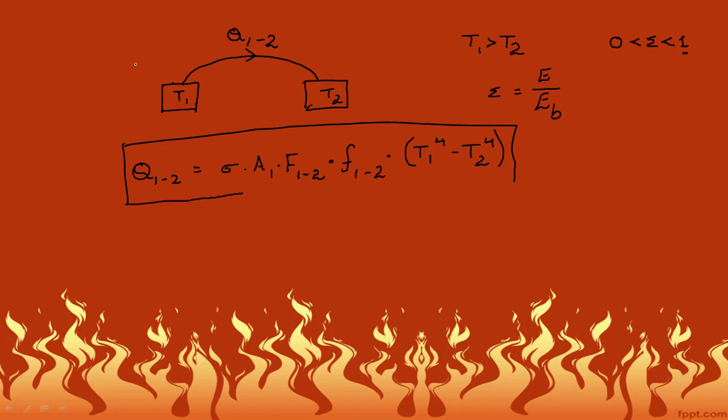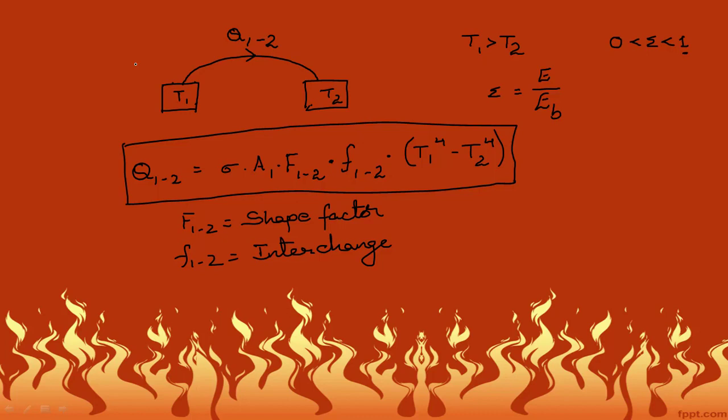So this is the formula for heat transferred by radiation, where capital F1 to 2 is called the shape factor, and small f1 to 2 is called the interchange factor or equivalent emissivity. As these two are factors, they don't have any units.